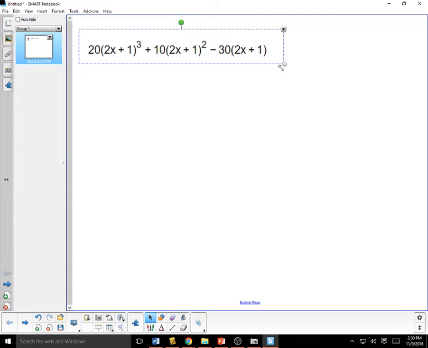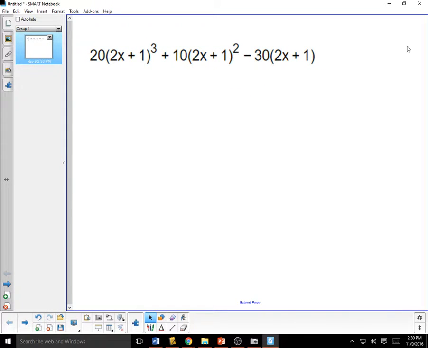Okay, so here's the equation. I'm going to show you guys a little trick that is actually using calculus, and it's called U substitution. And you're going to love U substitution. I'm going to create a variable called U. And that variable U is going to be equal to the value of 2x plus 1.